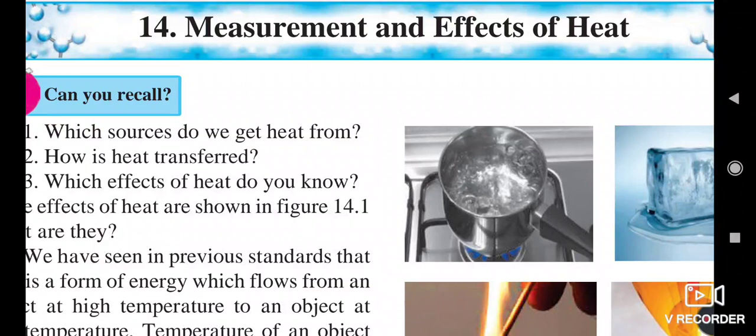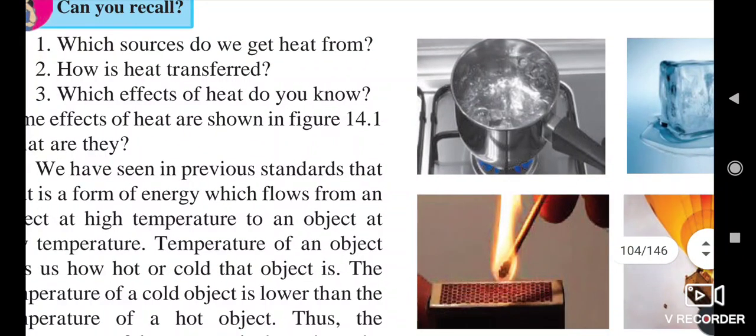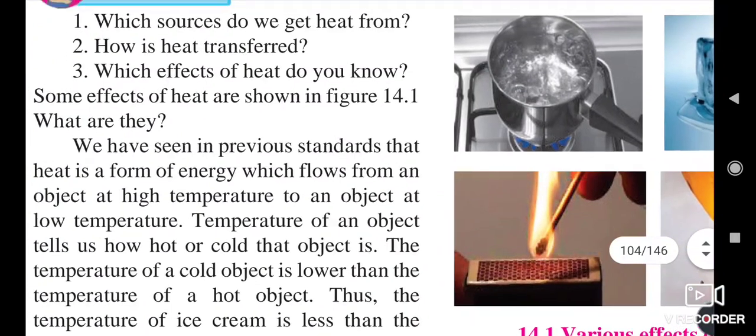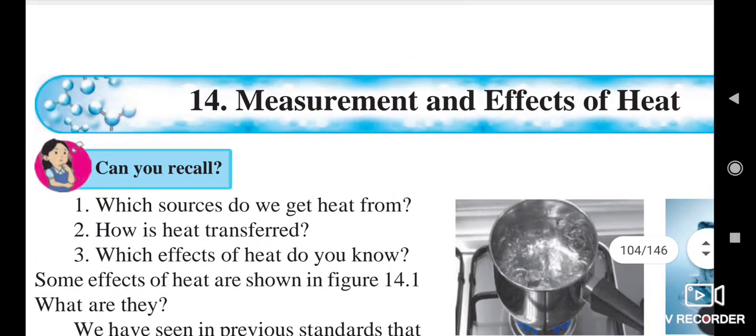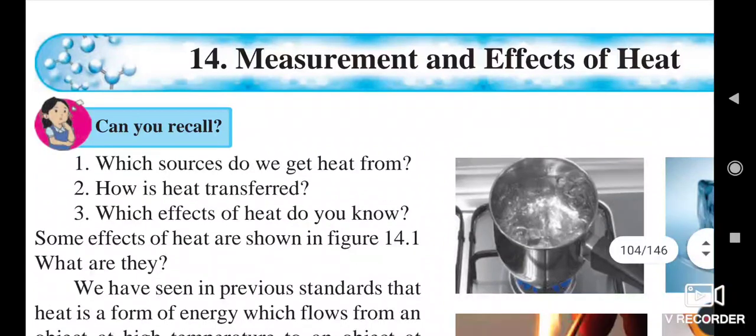After that, when we complete this concept of heat, we will solve some examples depending upon the different characteristics of heat. Okay, so first we read some points, and after that we will get explanations. Okay, so here is lesson number 14, measurement and effects of heat.